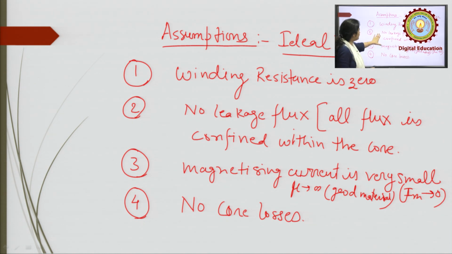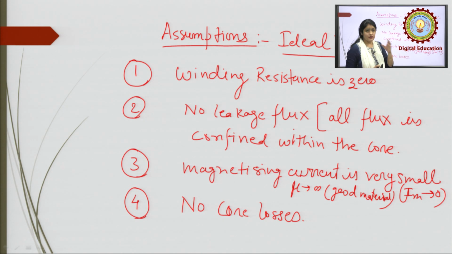So, these are the 4 assumptions we have taken to study the ideal transformer, because in practice this can't happen. So, when we take the practical transformer, one by one I will incorporate all these 4 into the practical transformer to make it a real transformer.